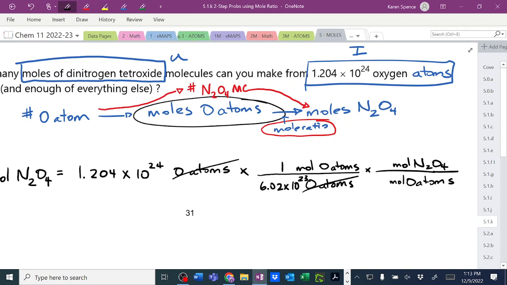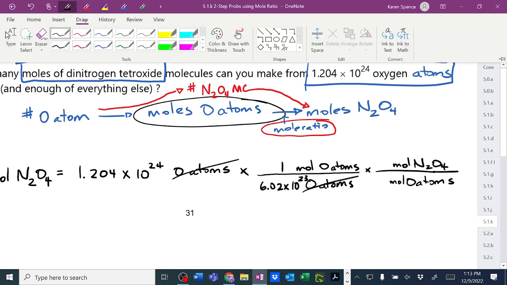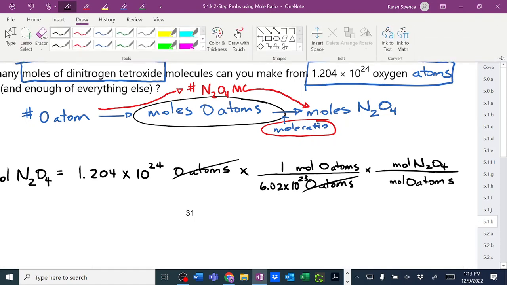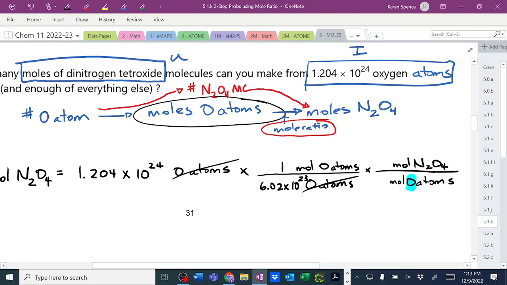In my chemical formula, I want to find the O atoms, and I have 4 of them in the formula of the molecule. So we have 4 moles of O atoms for every 1 mole of N2O4.